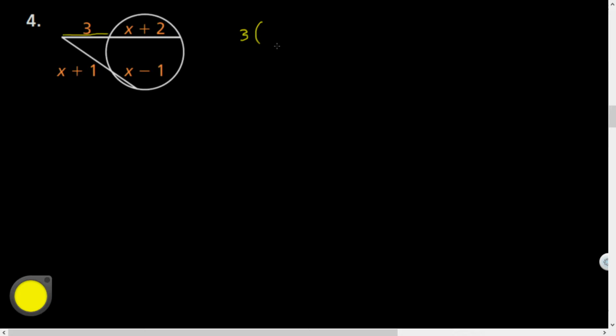Anybody? Yeah, I've got to add those together, and that's going to equal the x plus 1 external multiplied by, and this one actually would need parentheses around it as well, x plus 1 plus x minus 1.